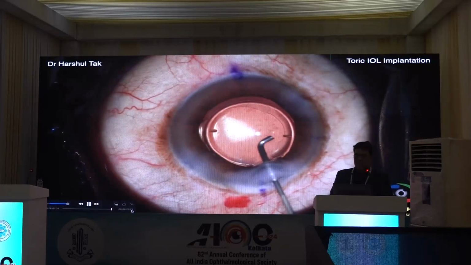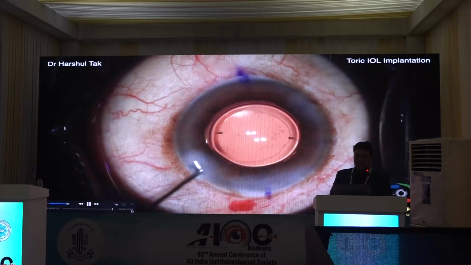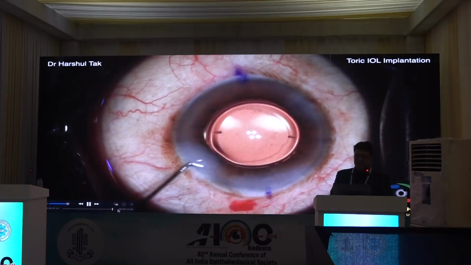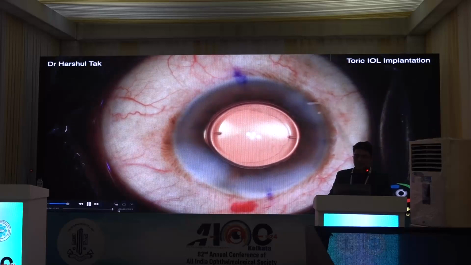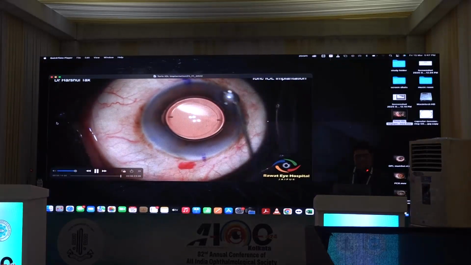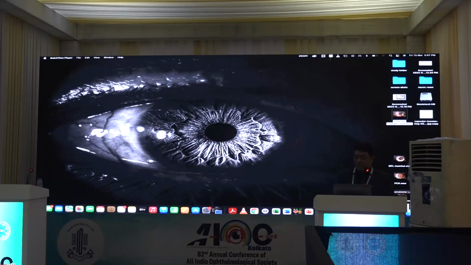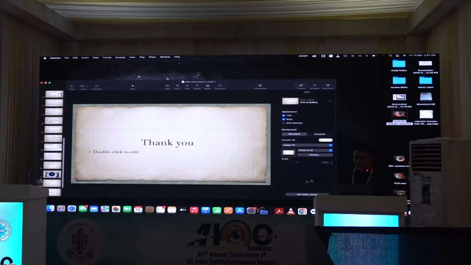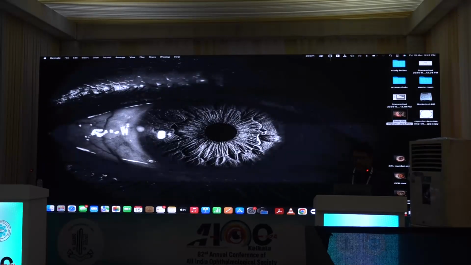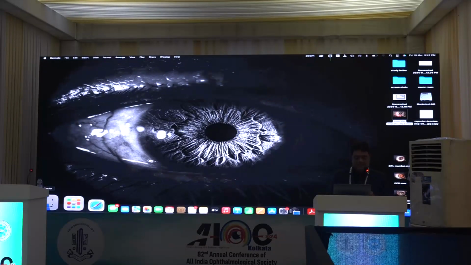So you go ahead and put the IOL in the right place, and just hydro stitch all the incisions, and you have the IOL perfectly at the perfect location. So these are a few tips I wanted to give about this, but we may have surprises in the post-operative period. So let's see how we tackle those surprises.